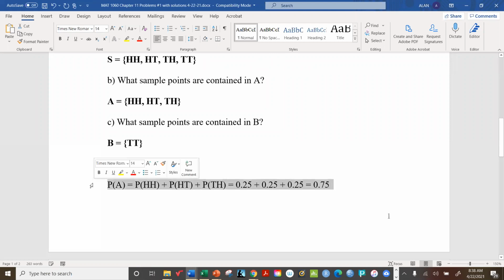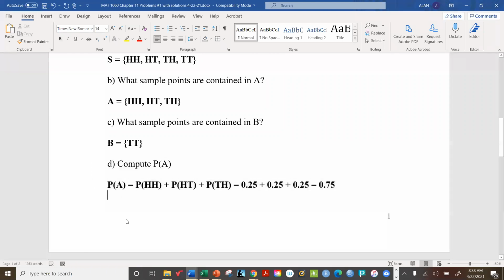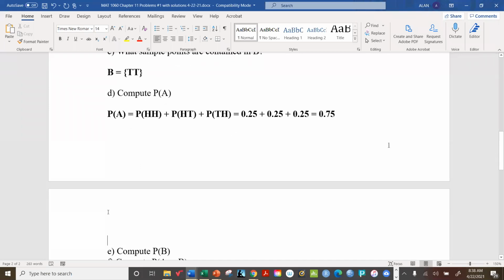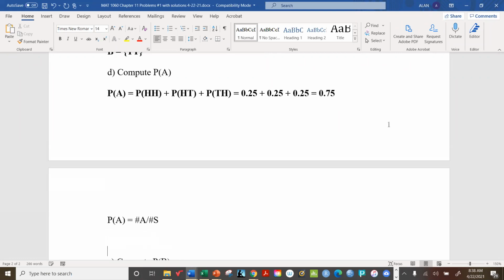Or we can note that we can also count them. It's the number of elements in A over the number of elements in the sample space, but this only works because each one is equally likely.